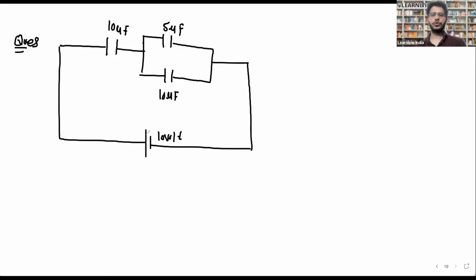So you're supposed to calculate C equivalent here. Then total charge or total voltage. Third, total charge.